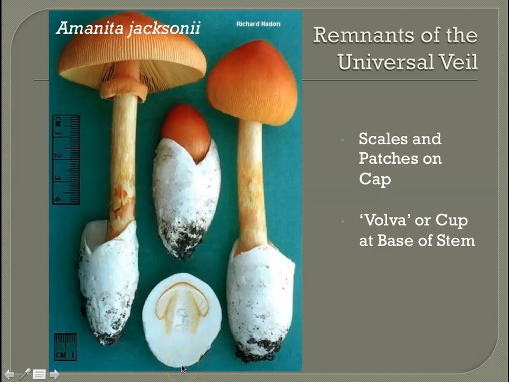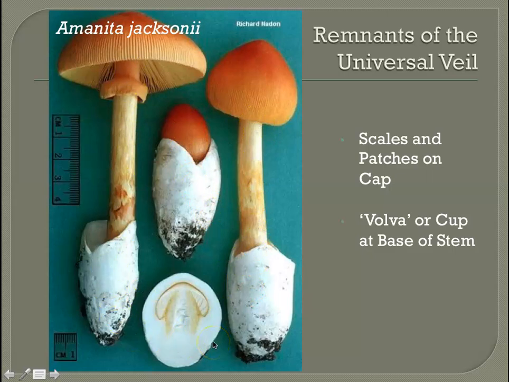The common name for this mushroom is Caesar's mushroom, Amanita jacksonii. And as this organism grows, it will pop out of this egg. As we see, it will continue growing and fully open up.